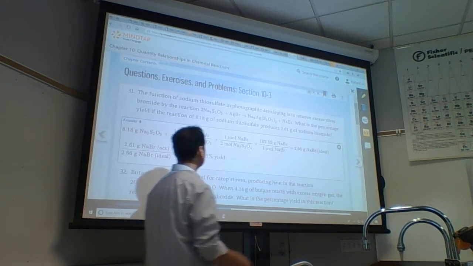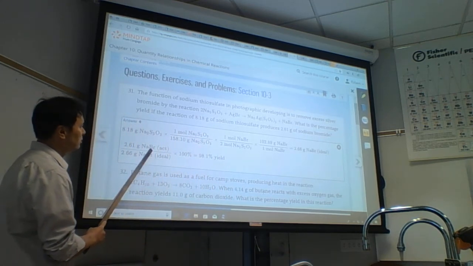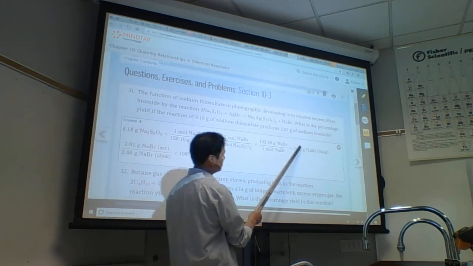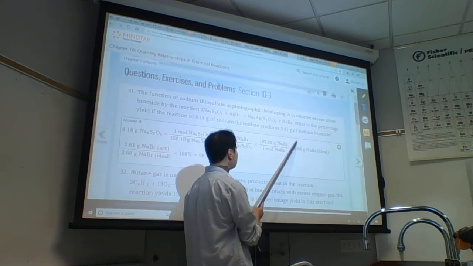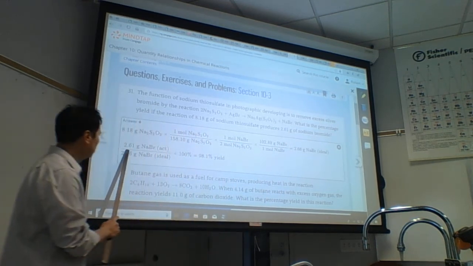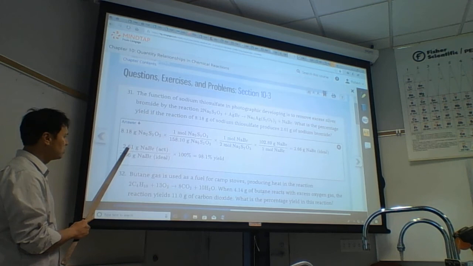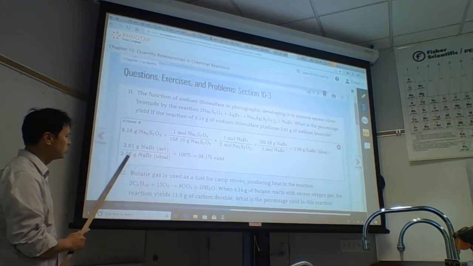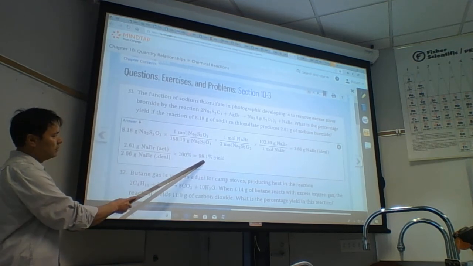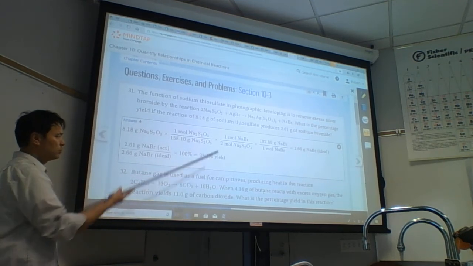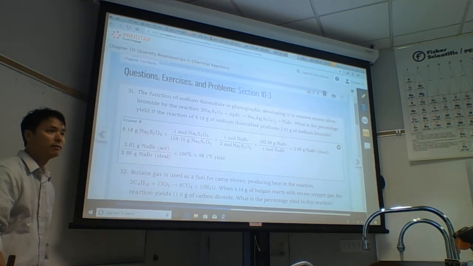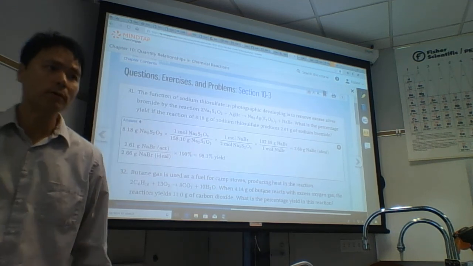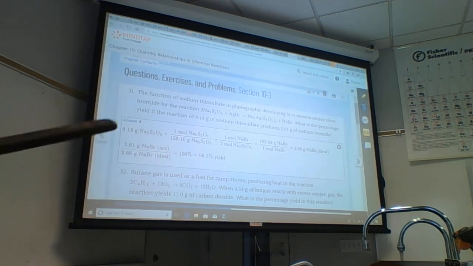In actuality, they lost 0.05 grams. Do you see that? They only got 2.61 grams, the actual, over the theoretical yield of 2.66, which makes a 98.1% yield. Well, 98.1% yield is pretty good. That's not bad. Okay, all right, let's take a break here and then we'll start up.